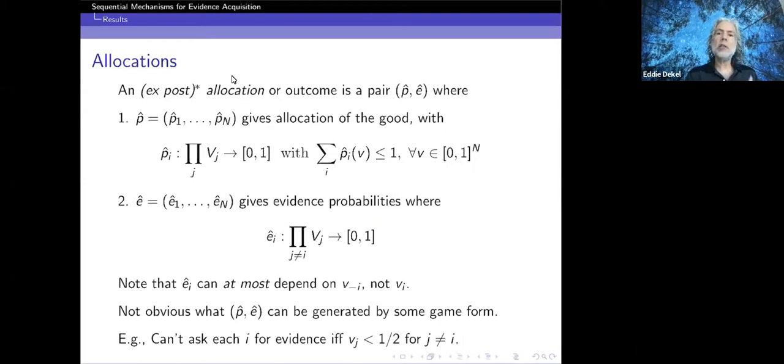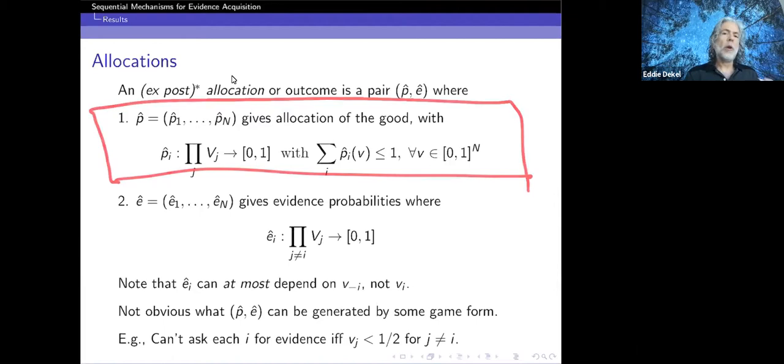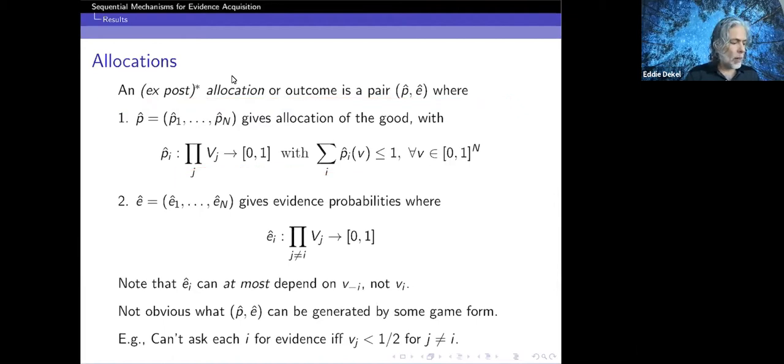So note that in contrast to the standard model of auctions without evidence, in which there's no question what functions can be realized, because if you know the values, you can realize any function of this form, in our environment, even for the ex post functions, which class of ex post functions of evidence collection is feasible using some game form is not at all obvious. Okay?